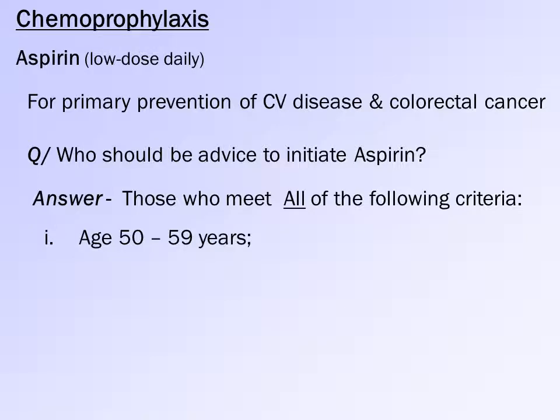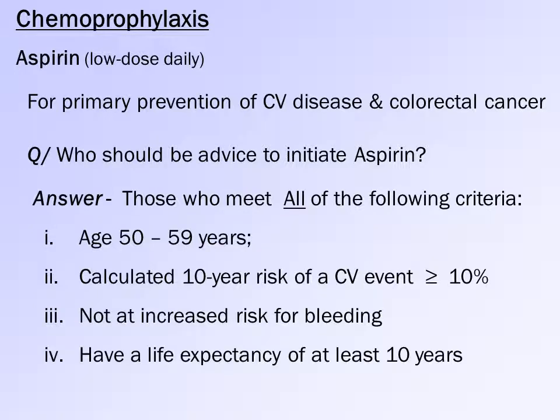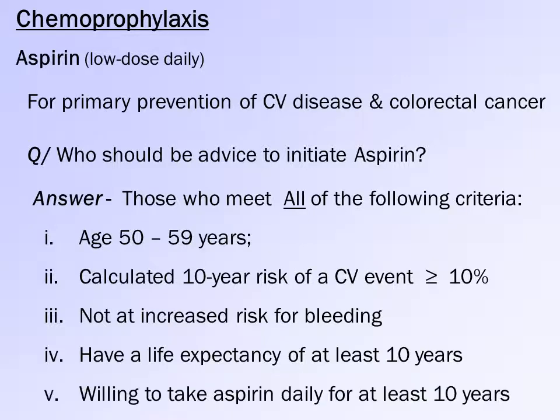Age between 50 and 59 years. 2. Calculated 10-year risk of a cardiovascular event is equal to or more than 10%, not at increased risk for bleeding, have a life expectancy of at least 10 years, and willing to take aspirin daily for at least 10 years.